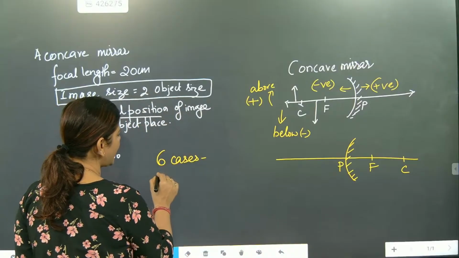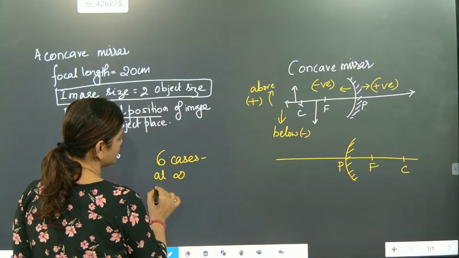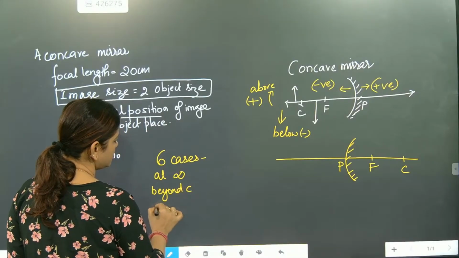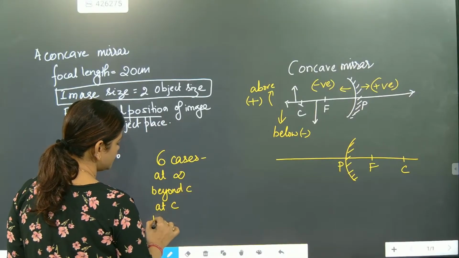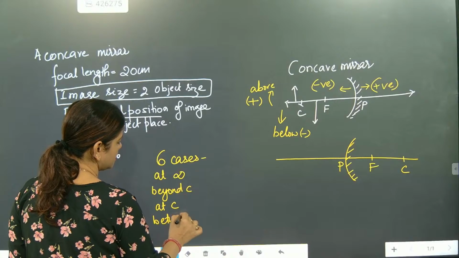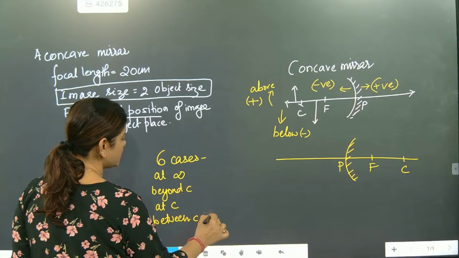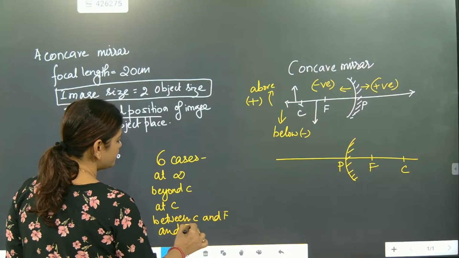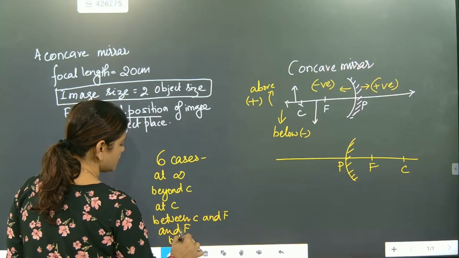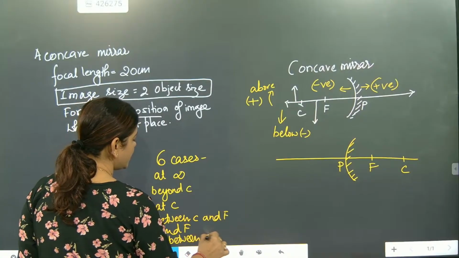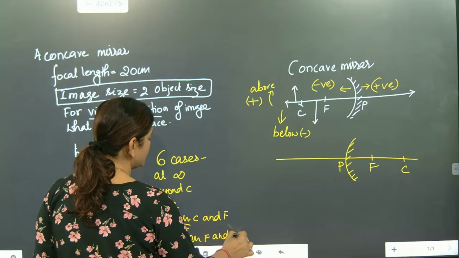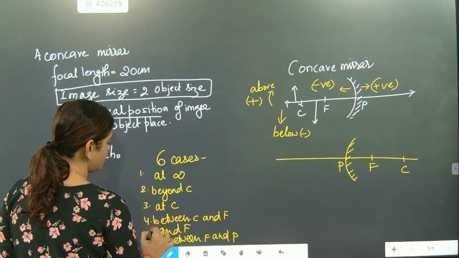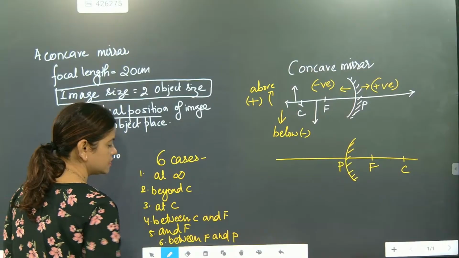6 cases. First, at infinity, beyond C, at C, between C and F, at F, between F and P. So 1, 2, 3, 4, 5, 6.